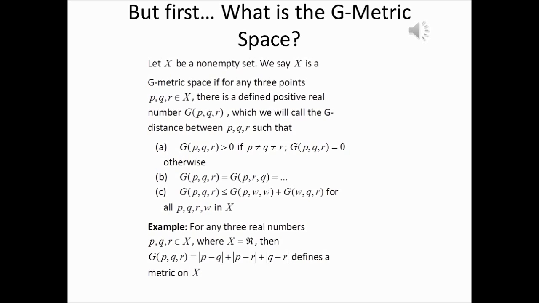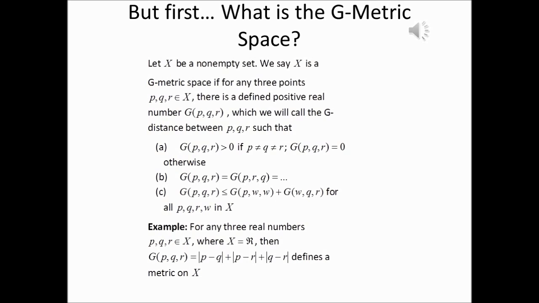Okay, so now we're going to define the geometric space. In the previous lecture, we defined the ordinary metric space, and then we gave an example. The only difference between the geometric space and the ordinary metric space is that the geometric space has three variables, and in the ordinary metric space, the metric has only two variables.